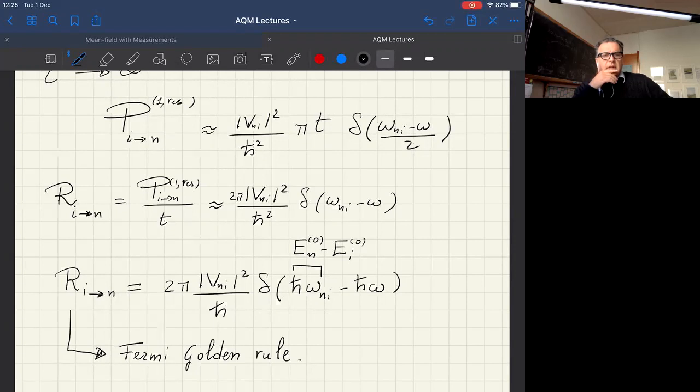Essentially, this expression is valid as long as one includes transitions that are induced only by single photons. So the Fermi golden rule in this form tells you that higher order processes like multi-photon absorption, emission, and so on and so forth are not included.